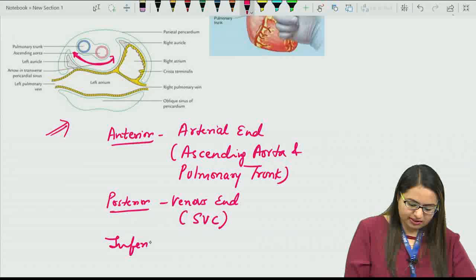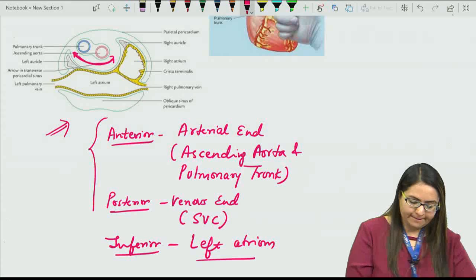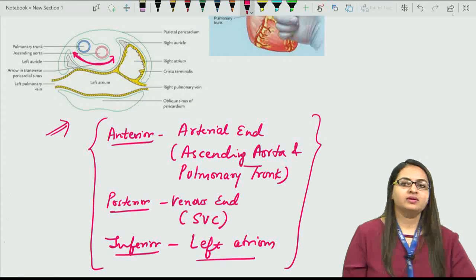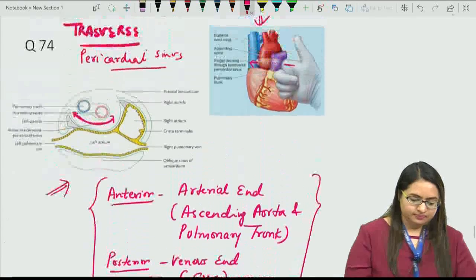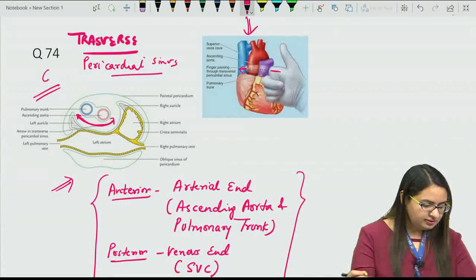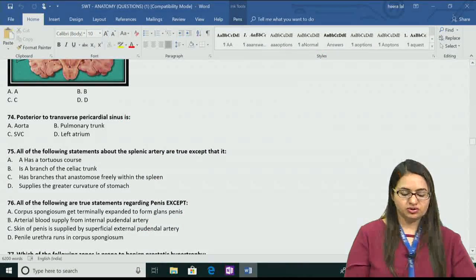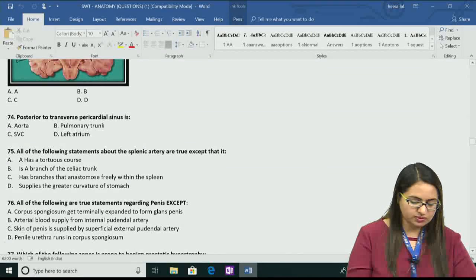Inferior to this sinus, the left atrium is there. So the answer for this question is C. The question is asking which structure is present posterior to this sinus. Posterior to this, the superior vena cava is there.